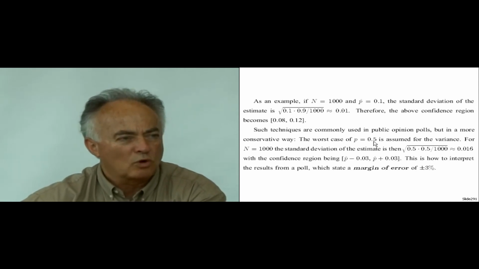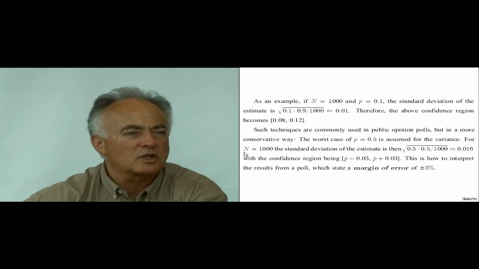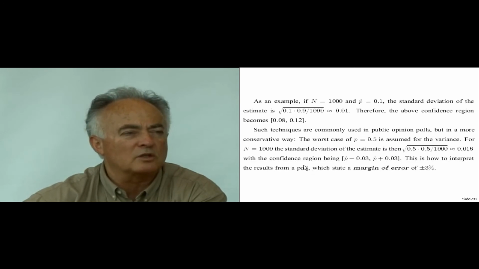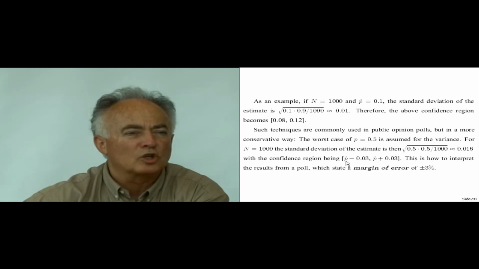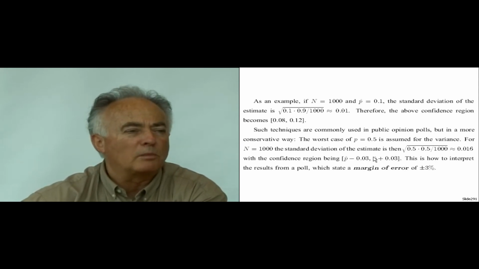So with this conservative assumption, for n equal 1,000, the standard deviation is square root of half over 1,000, that's about 0.016. And therefore the confidence region is p hat minus, say, 2 of these standard errors, which is approximately 0.03, up to p hat plus twice that error.